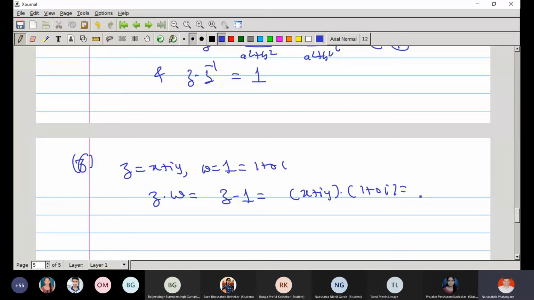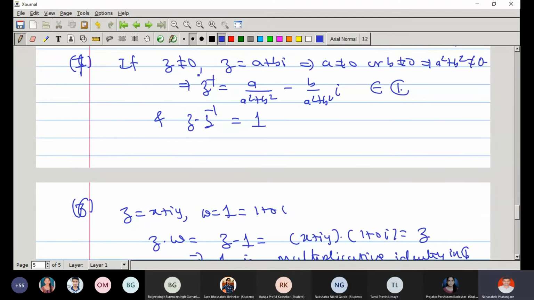Z. Therefore, 1 is the multiplicative identity in the set of complex numbers. So for every non-zero complex number there exists a multiplicative inverse, so that the product is the multiplicative identity. Therefore, if z is non-zero, then z inverse exists.